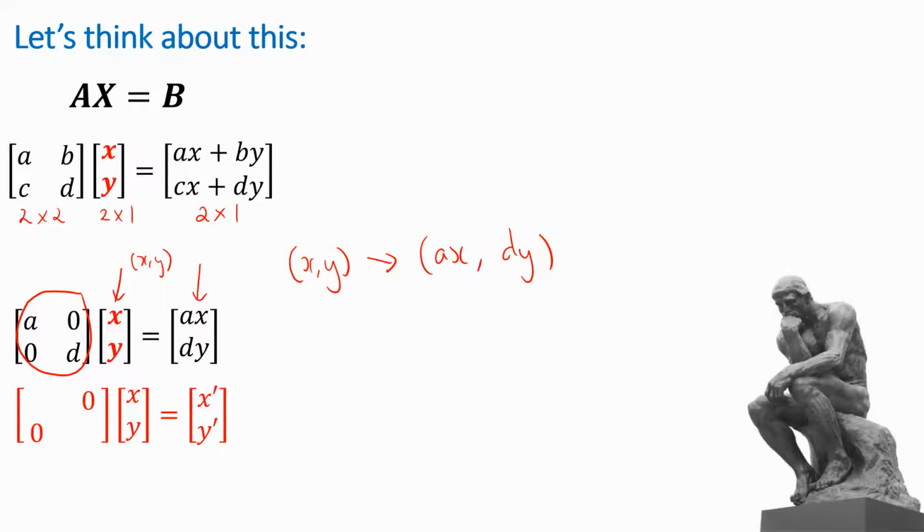Away from the Y-axis. So this is dilation of factor A from the Y-axis, dilation of factor D from the X-axis. Okay, so we're linking 7B with the matrix form. So whatever I put in these two spots, these will represent the dilation factors.